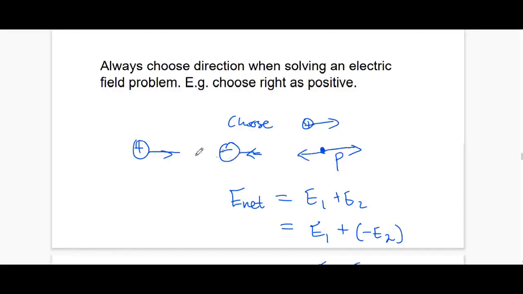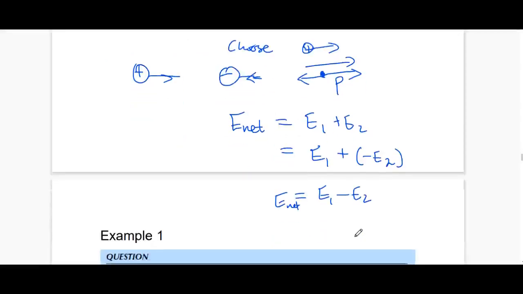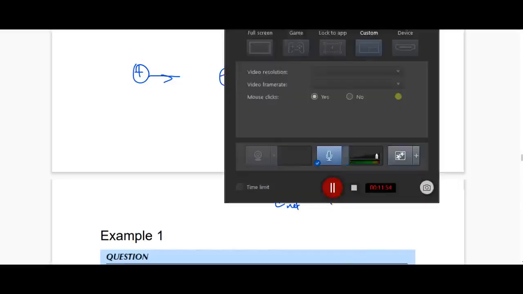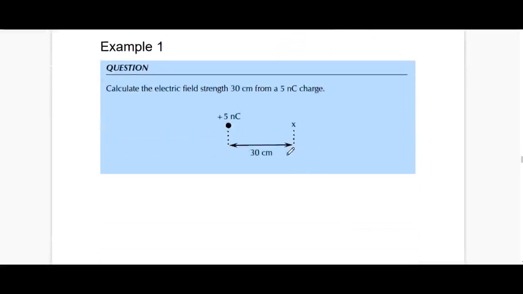Okay, so it will depend on the magnitudes where it's going to go. Let's say for instance it goes to the right. Even though here we have E1 minus E2, we will have E net to the right, which is positive. Okay, and if E net becomes negative, we are going to conclude that E net is going to the left. Okay, so we have an example there.